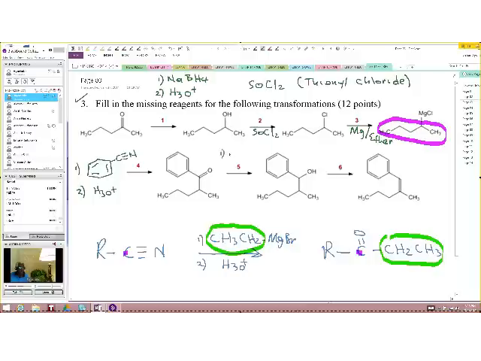Step 1, sodium borohydride, and then step 2, hydronium ion. In this case also, we could use lithium aluminum hydride to convert a ketone or an aldehyde to an alcohol.